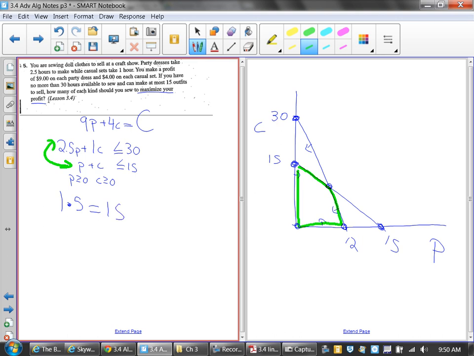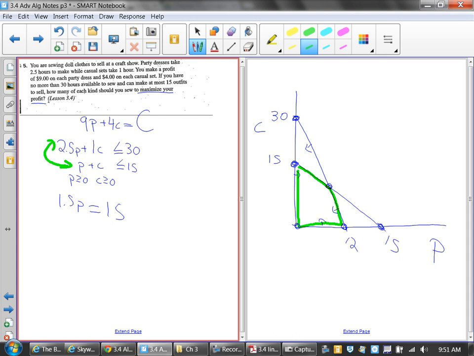Do you agree? Wait, 1.5P? Yeah, 1.5P, forgot to put that in. What I'm doing is subtracting those two equations together. System of equations. I have same coefficients, same sign.